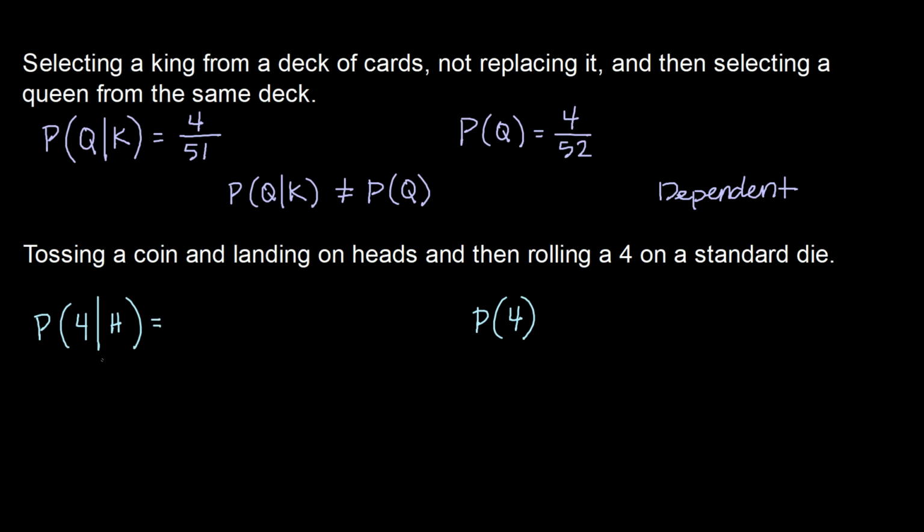Okay, so here, this would be the probability of getting a 4 and landing on heads divided by the probability of landing on heads. So remember, for the probability of getting a 4 and landing on heads, there are 12 outcomes that we can get there, and 4 with heads, there's 1 of those.